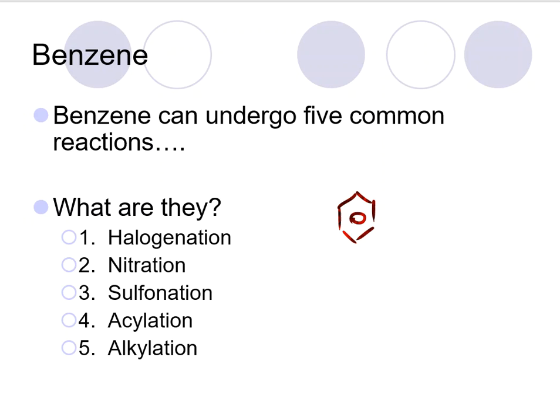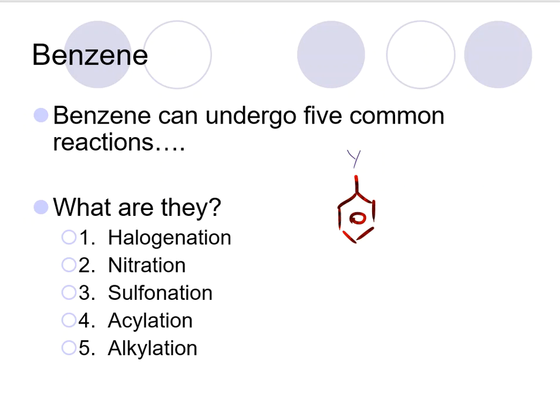Remember, this bond, or any of those bonds, has a hydrogen. And these reactions basically went in and said, hydrogen, you gotta go. Hit the curb. Boink. Off it goes. And then we replace that with something in its place. Of course, that something is an electrophile.